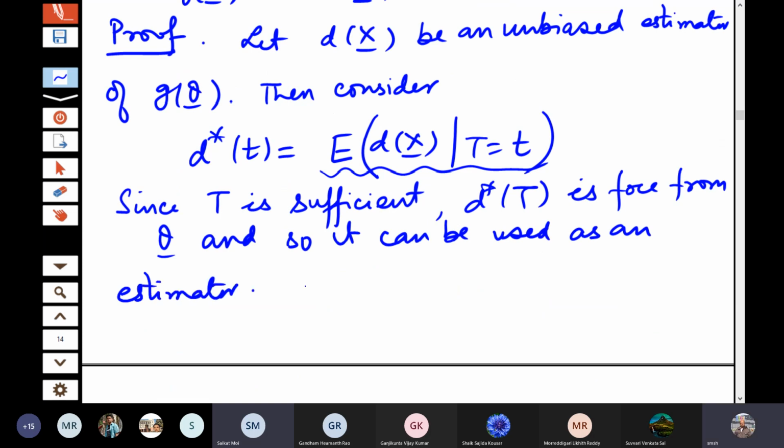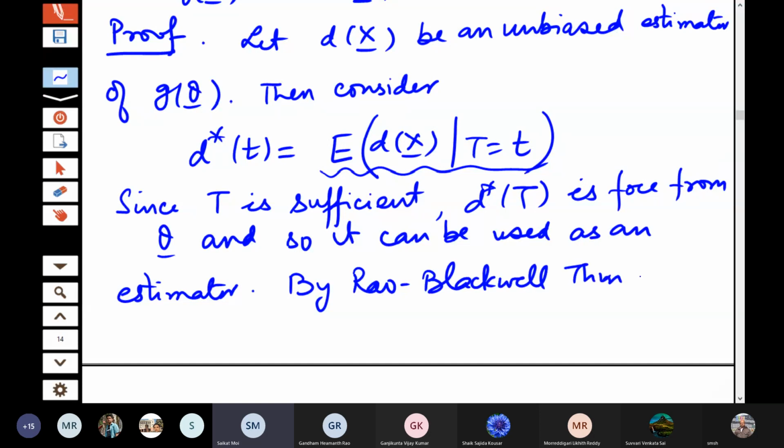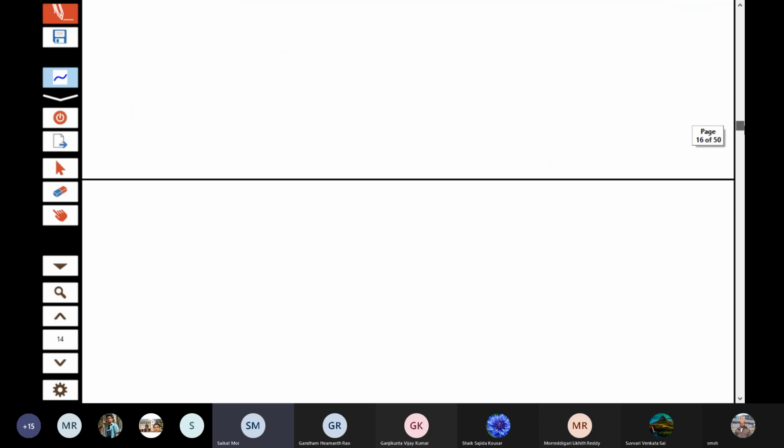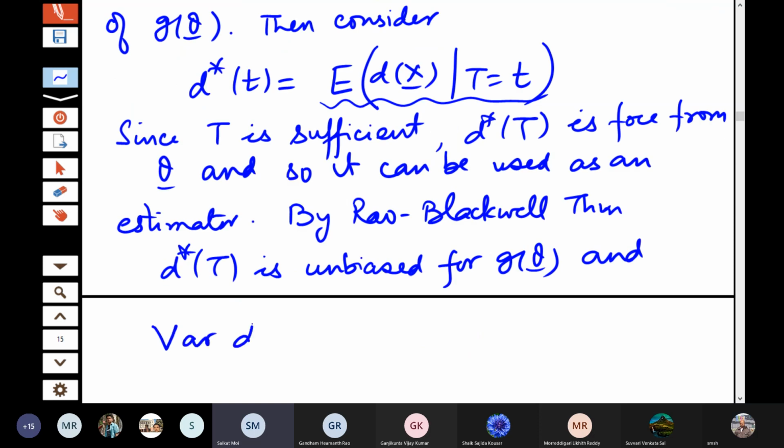By the Rao-Blackwell theorem, d*(T) is unbiased for g(theta), and the variance of d*(T) is always less than or equal to the variance of d(X).